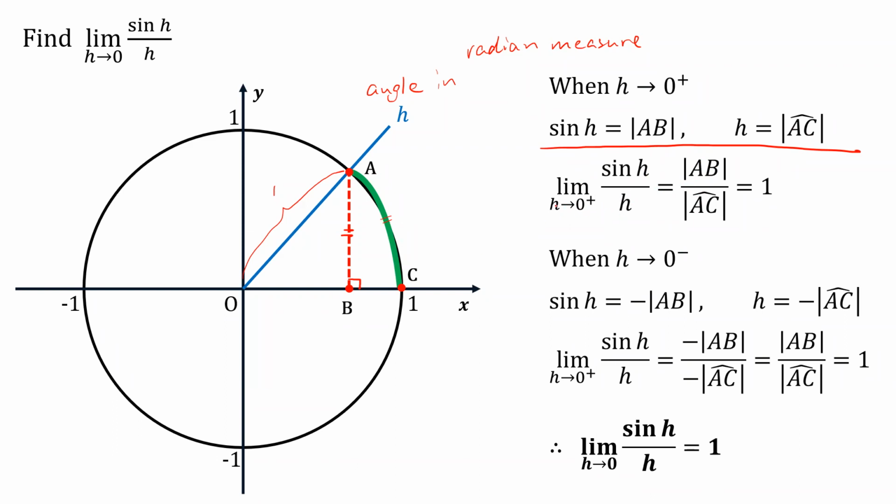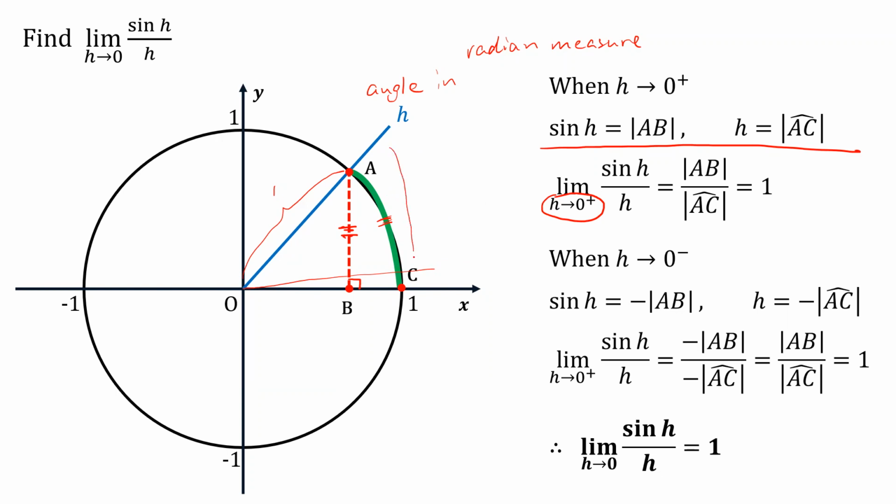So as you can imagine, when h approaches 0 from the positive side, that means h is a very small angle. For example, could be here, right? When h is very small, we can imagine that these two lengths are actually equal to each other, right?